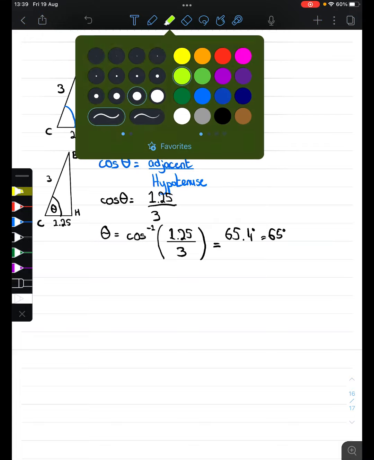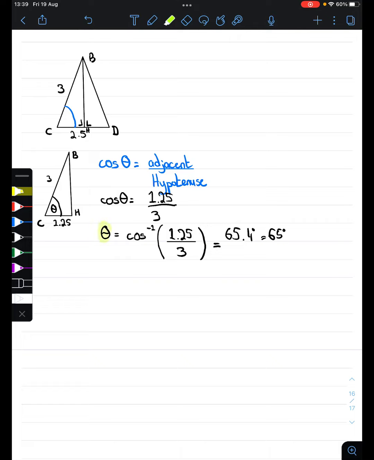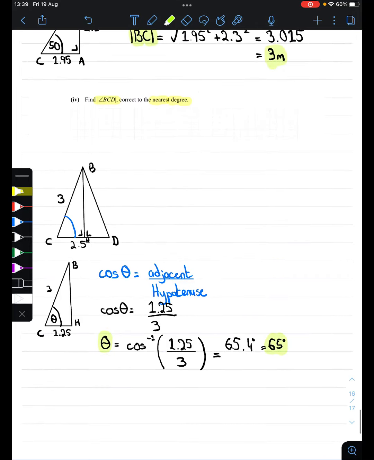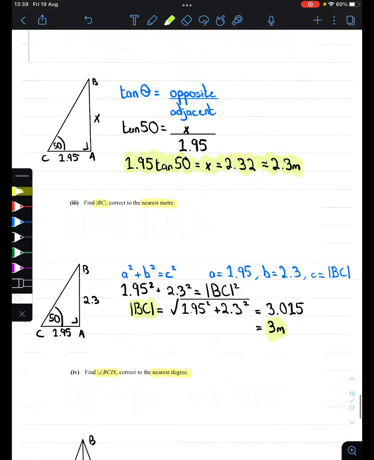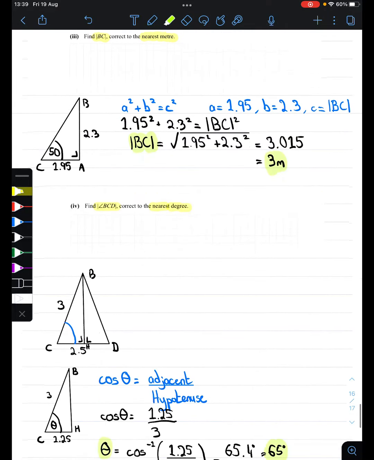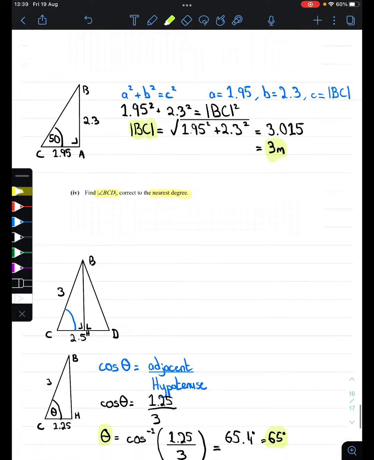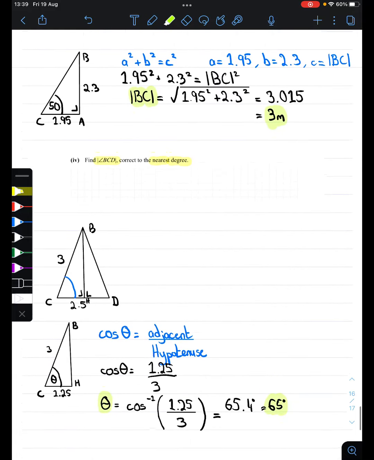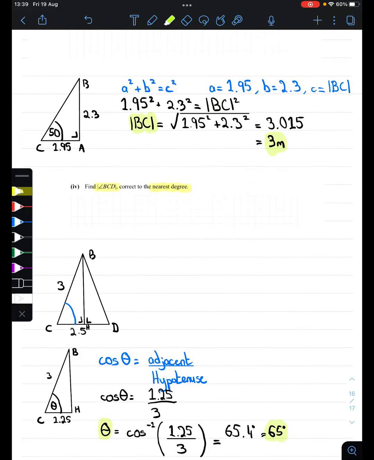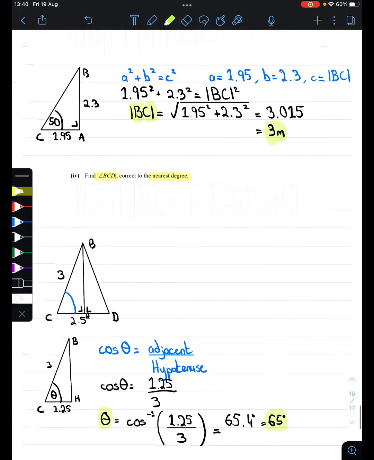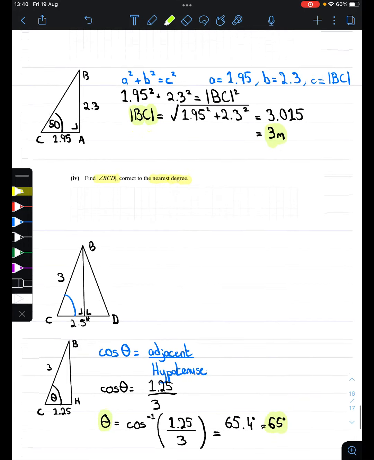So this would be a perfectly legitimate way of going about it. Theta equals 65, and probably the easiest way of going about it. But you have to think to split the triangle CDB into two right angle triangles here.